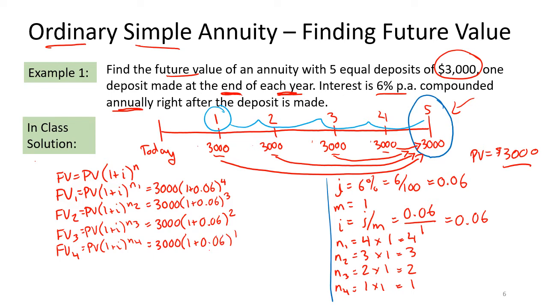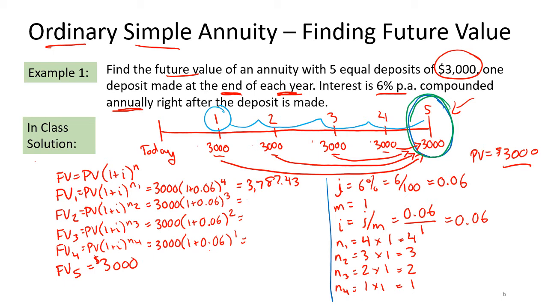Now remember, our fifth deposit, we already know this value, okay? And that's $3,000, right? Because, remember, the fifth one is at the focal date, so there's no interest to be calculated for that one. So if you substitute these values into your calculator, you get, for the first value, $3,787.43.